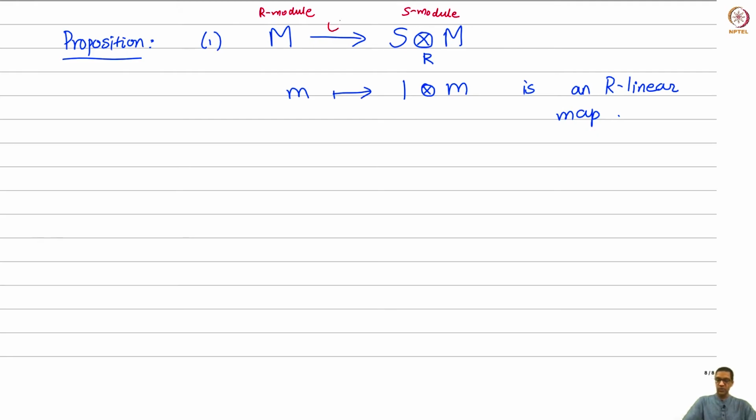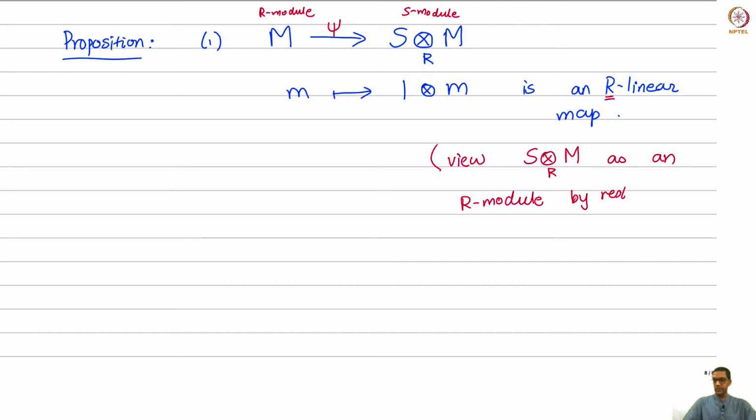That this map, let's call it psi, I claim that this is an R linear map. What do I mean by that? Both sides have to be R modules for this to even make sense. What I mean is, I view the right hand side, S tensor M, as an S module, therefore an R module by restriction of scalars.